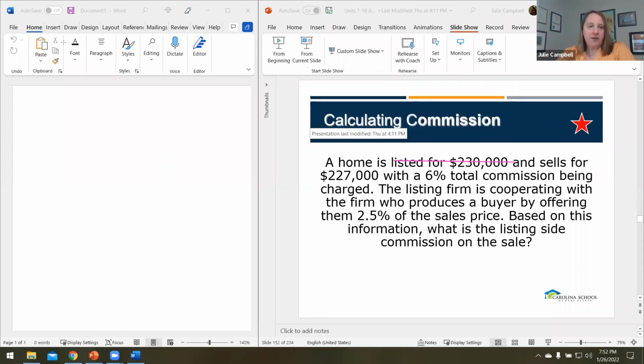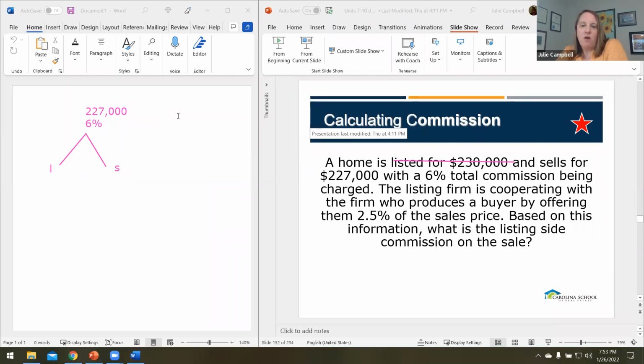So I have a sales price of 227. I have a 6% total commission being charged. I'm just taking the information and mapping it out. The listing firm is going to cooperate. So this is list. This is sell.